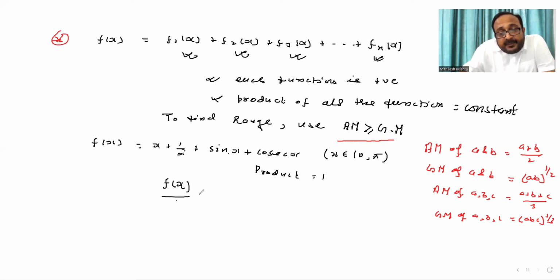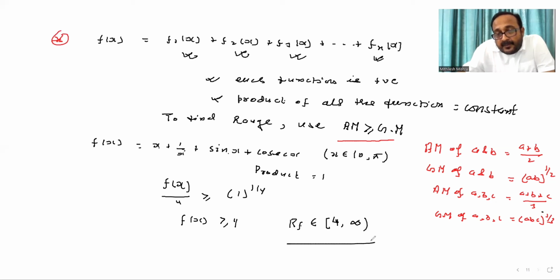So f(x) by 4 is greater than or equal to 1 to the power 1 by 4, product to the power 1 by 4 because there are 4 terms. So f(x) is greater than or equal to 4. So the range becomes 4 to infinity. Right?